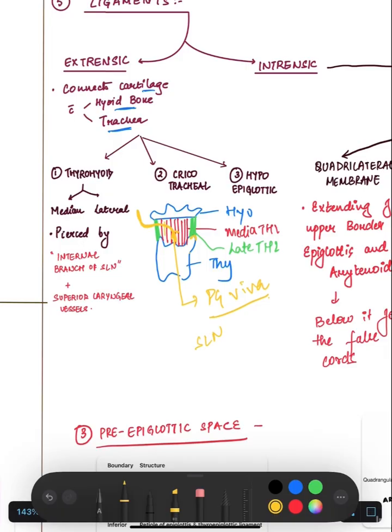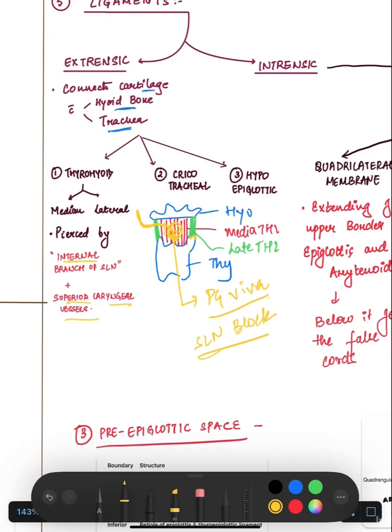The internal branch of the superior laryngeal nerve as well as the superior laryngeal vessels pass through the median portion. So whenever we need to give a superior laryngeal nerve block, we give it over here, near the thyroid notch. Clear? This is a PG viva question, or they can ask you in any kind of MCQs.